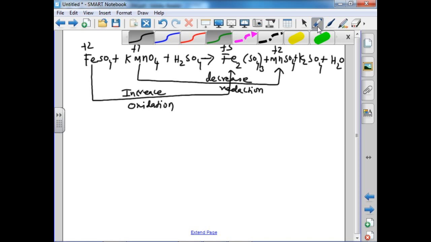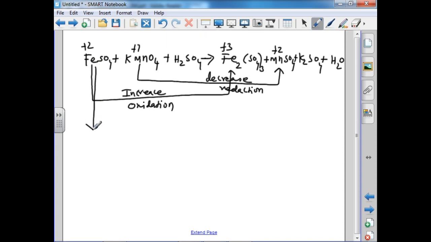Step 3, the total number of electrons lost is equal to the total number of electrons gained. Equate the number of electrons by cross multiplying the respective formula with a suitable integer on the reactant side.